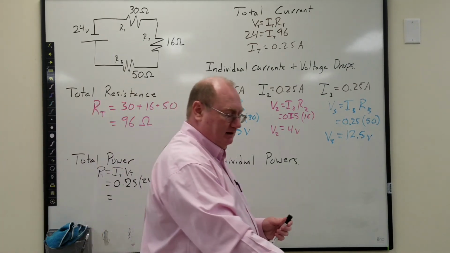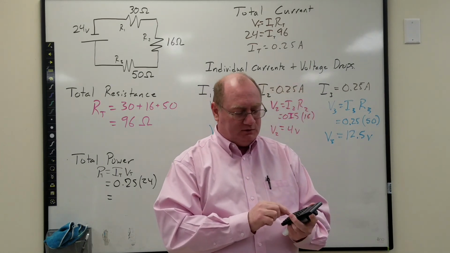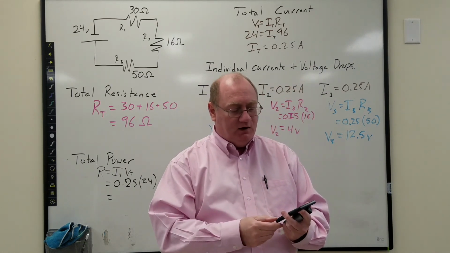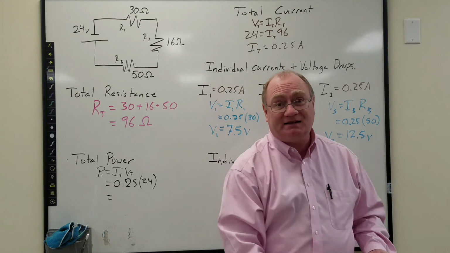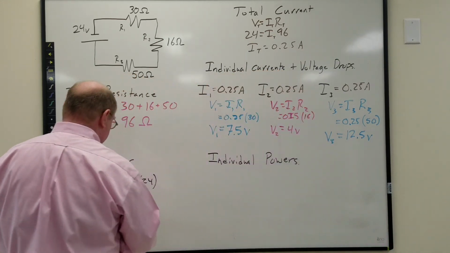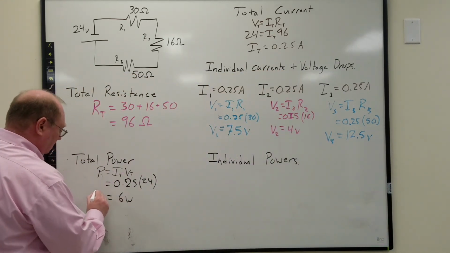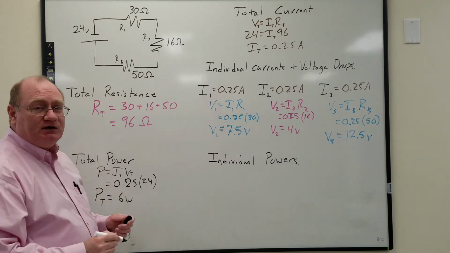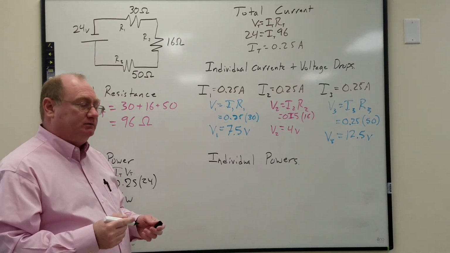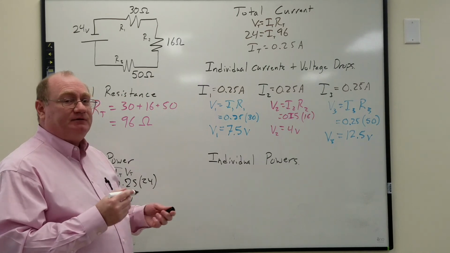And so, if we take 0.25 times 24, we get 6 watts of power. So this circuit generates 6 watts of power in total. Individually, we have to see how that works out.